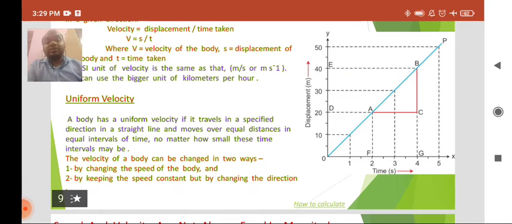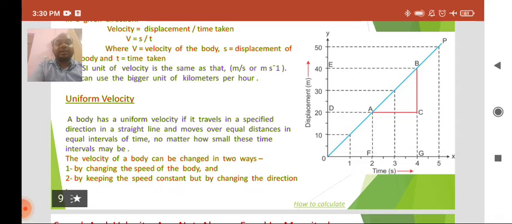Uniform velocity means a body has a uniform velocity if it travels in a specified direction in a straight line and moves over equal distances in equal intervals of time, no matter how small these intervals may be. So this type of graph represents a displacement-time graph.